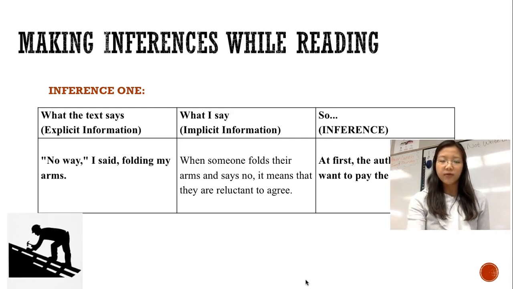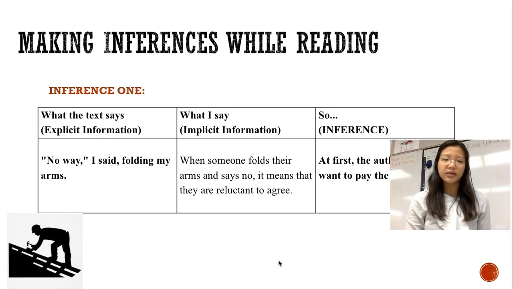So, the inference is, at first the author did not want to pay the extra $1,000. How did we come to that inference? We have what the text says, and that's the explicit information. That's the quote that we inserted there to support how we came to our conclusion. We said, no way, I said, folding my arms.